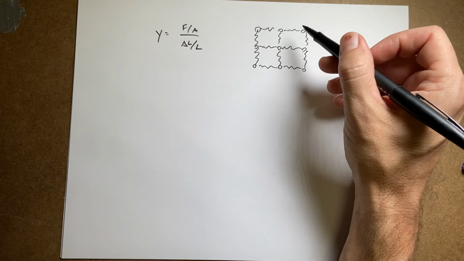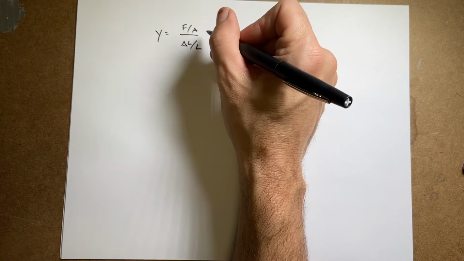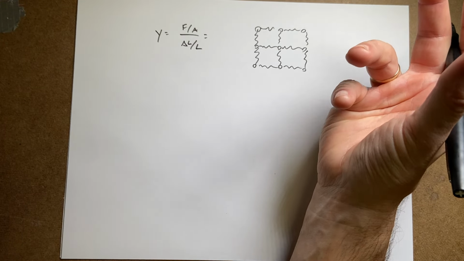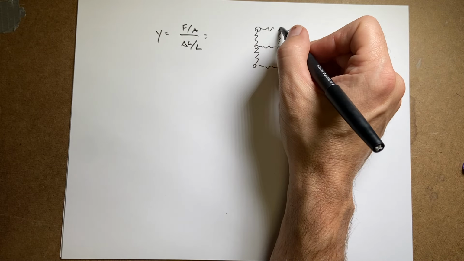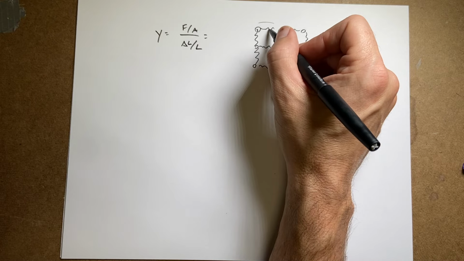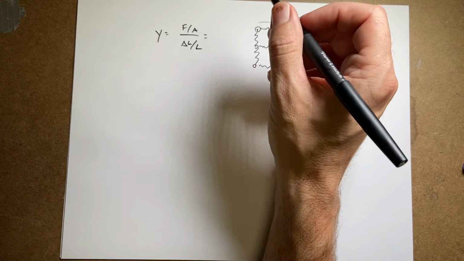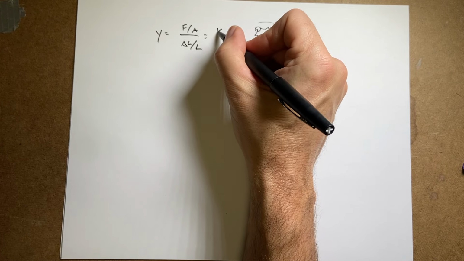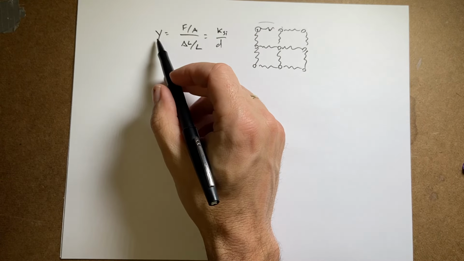But if you do this, then you need to somehow make a connection between the macroscopic properties of an actual material and the atomic properties, where these are the atomic masses, the atomic distance between atoms, and the interatomic spring constant, which isn't real, but we were going to pretend like it's there anyway. So Y is equal to KSI over D, where Y is Young's modulus.